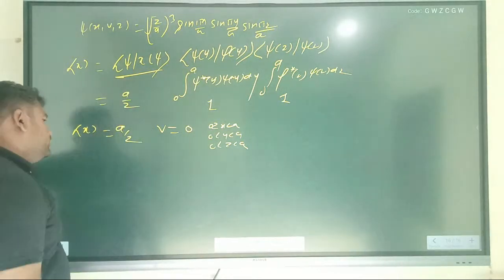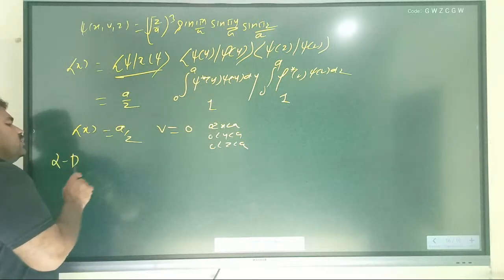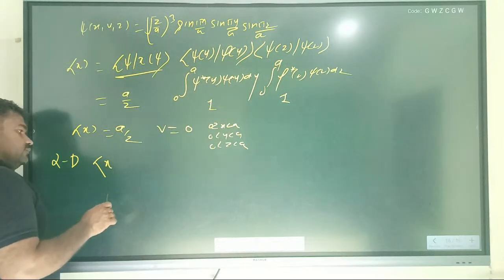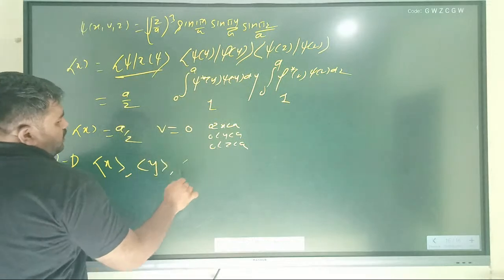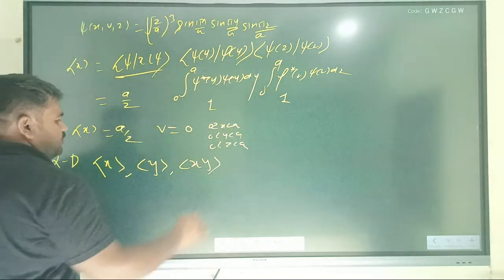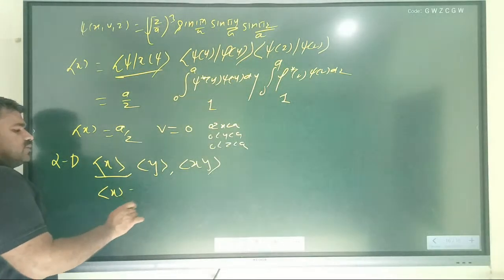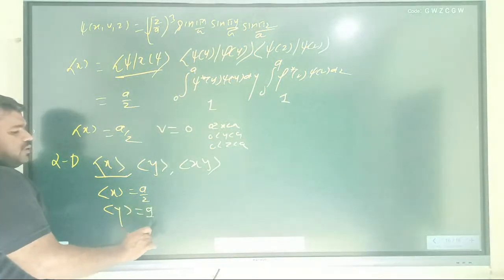A by 2. Now next, suppose the system is again 2D and they ask what is the expectation of x, expectation of y, expectation of xy. We already saw the expectation of x. The expectation of x is equal to a by 2, the expectation of y is equal to a by 2.